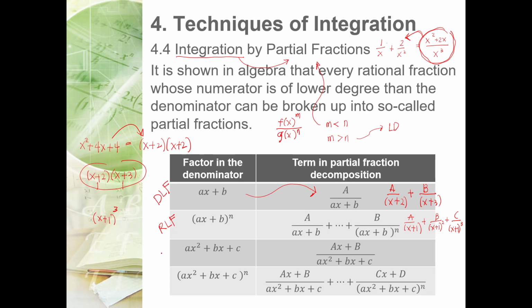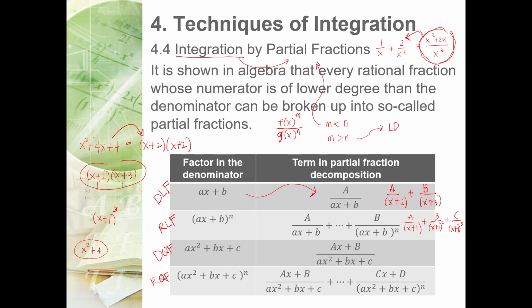The other two are what we call quadratic factors. One is distinct, the other one is repeating. How can we say that our factor in the denominator is a quadratic factor? For example, x squared plus 4. This one is quadratic because we cannot express it further into its several factor components.